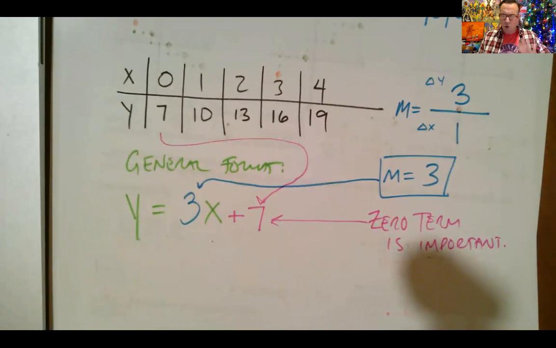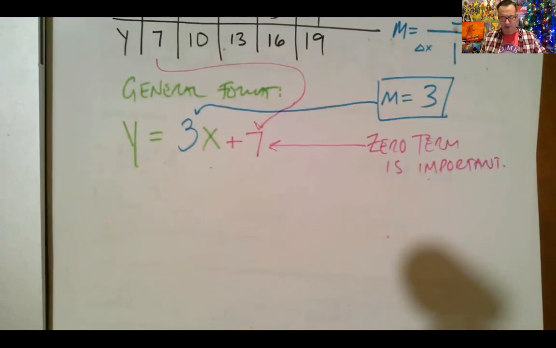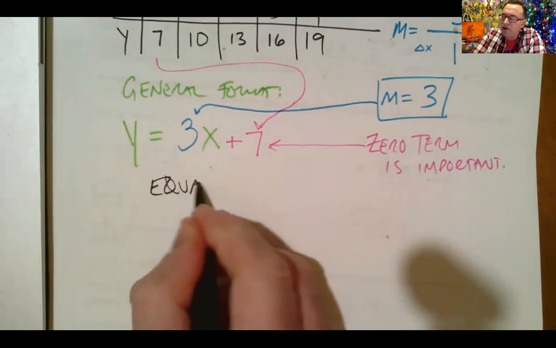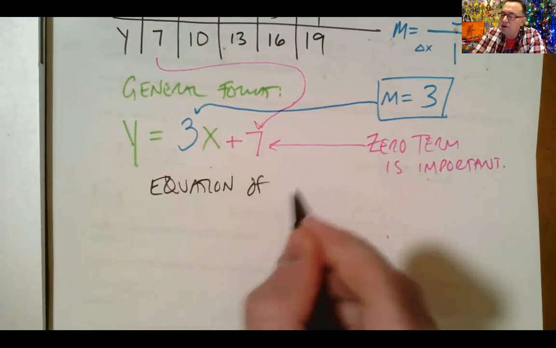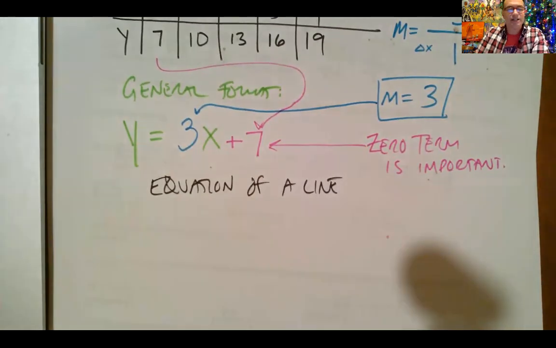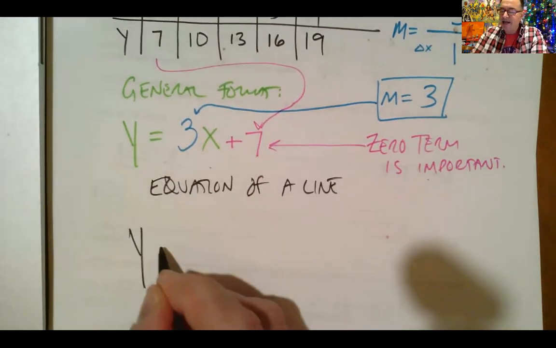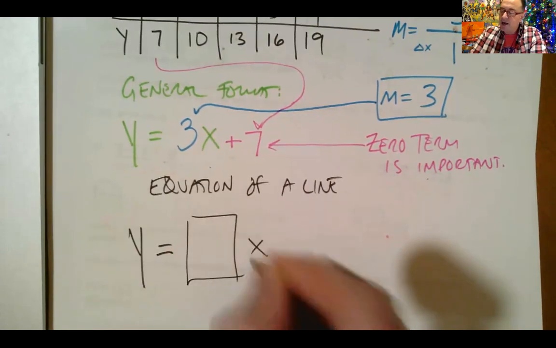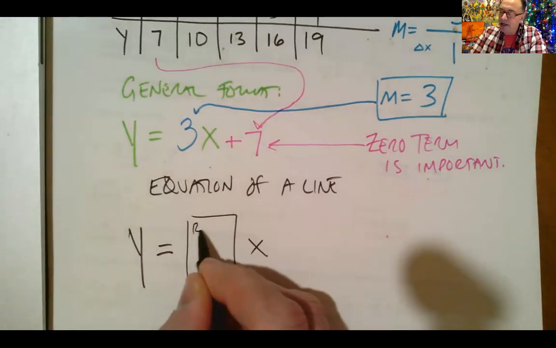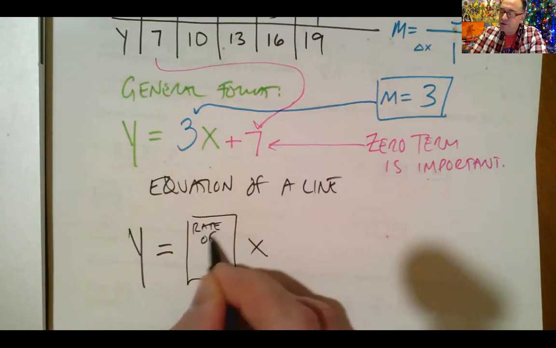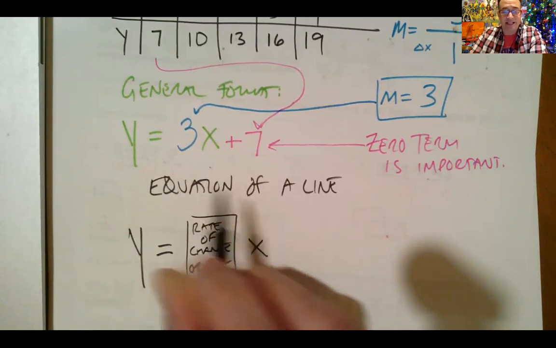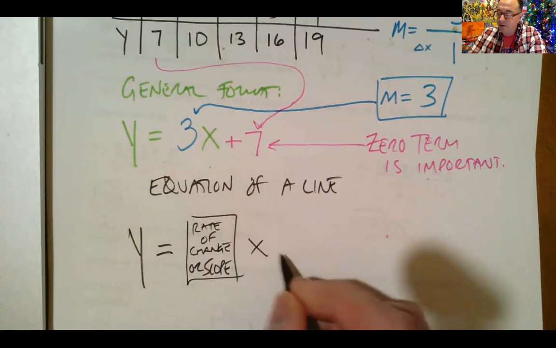So what you have to think about when we're doing this is, with the equation of a line, it's going to be y is going to equal, and then in front of this x, I'm going to have my rate of change or slope, whatever that number is, that goes in front of the x because that tells us what we're going up by each time.